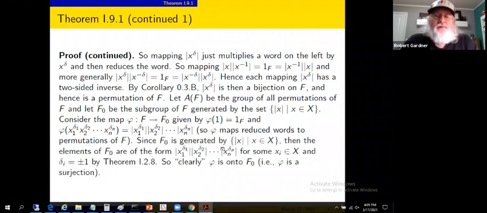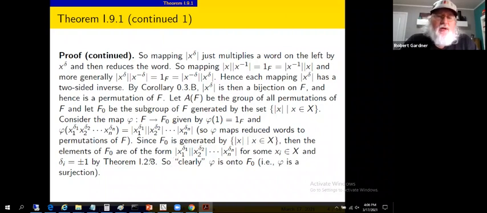F sub 0, by definition, is generated by these permutations. Okay, well, it's a generating set. Then the elements of F sub 0 are these things and these things to any power, as it were.